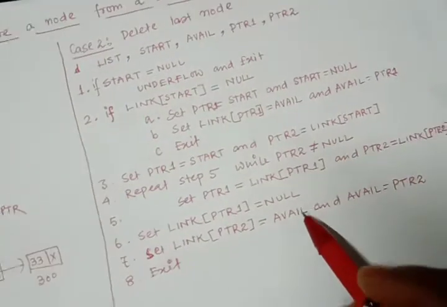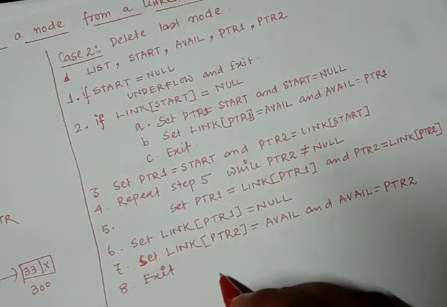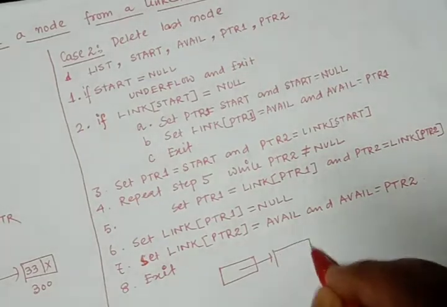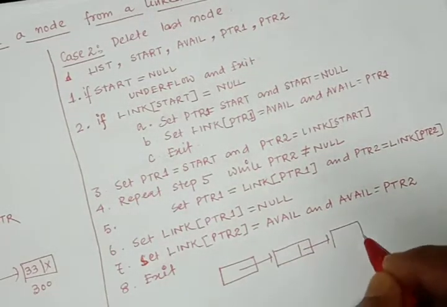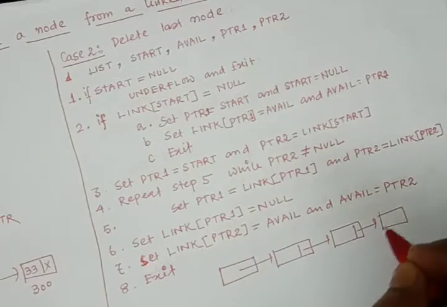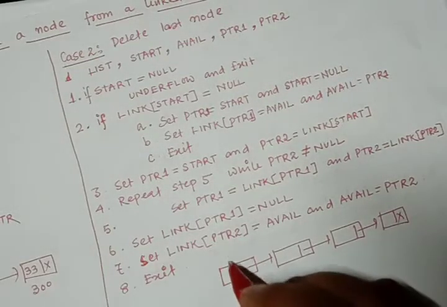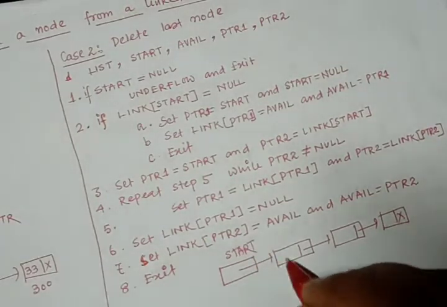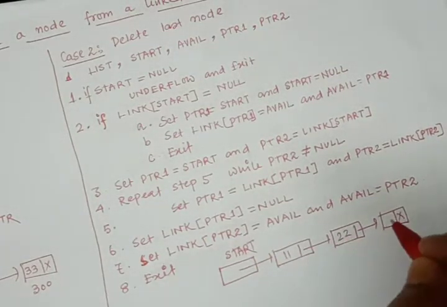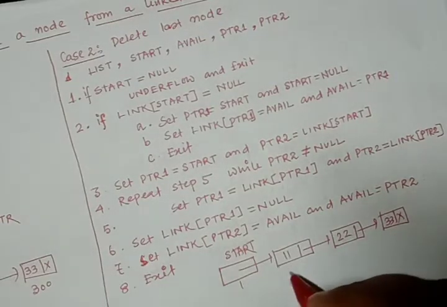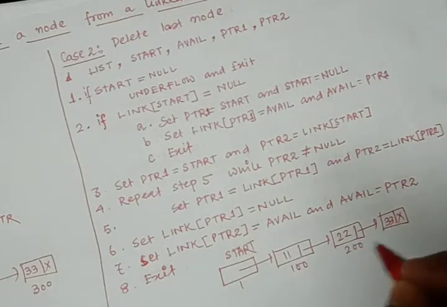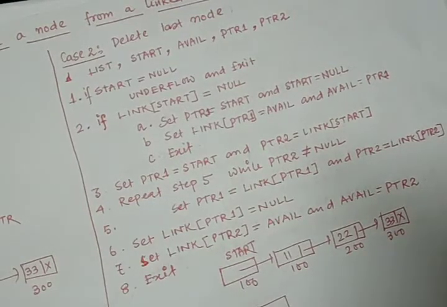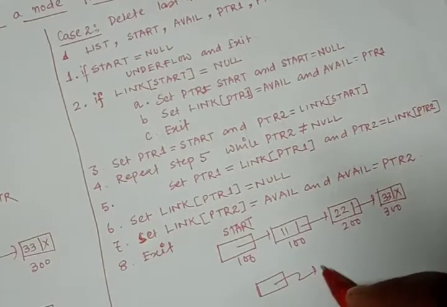Now we can check, suppose this is the linked list which is in memory, and this is the start, and these are the information, these are the addresses, and suppose this is the available list.